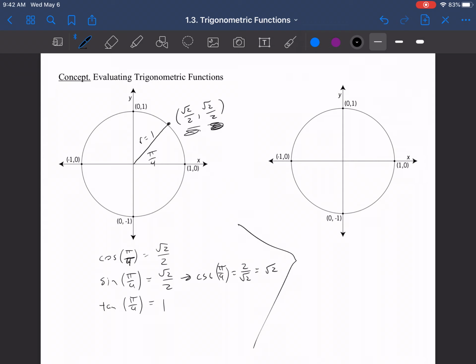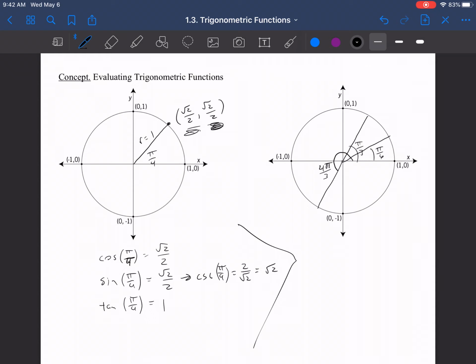So let me separate that from this one. I'll show you a couple more sides here. Let's look at these ones. This one is pi over 6. This one is pi over 3. And then let's do one way over here. What is that, 4 pi over 3? So this all the way around here is 4 pi over 3.